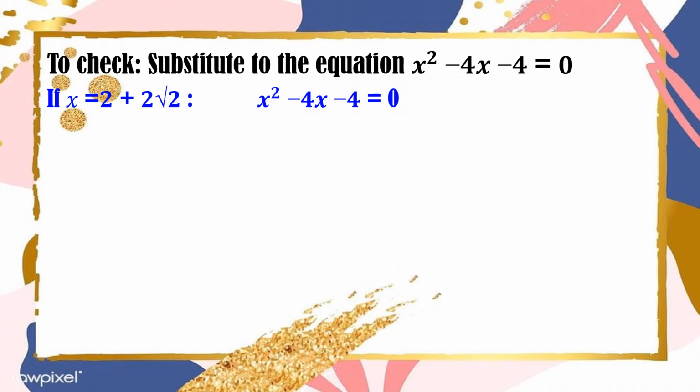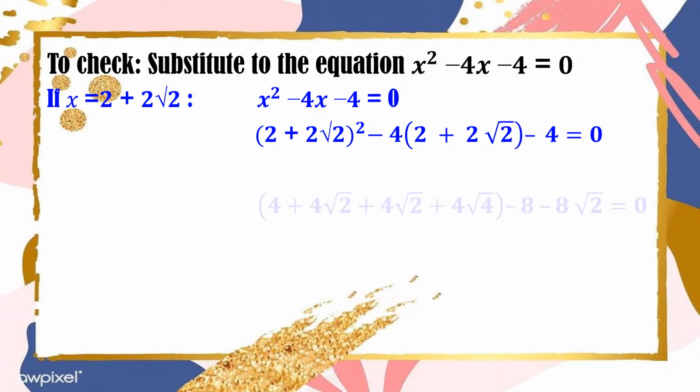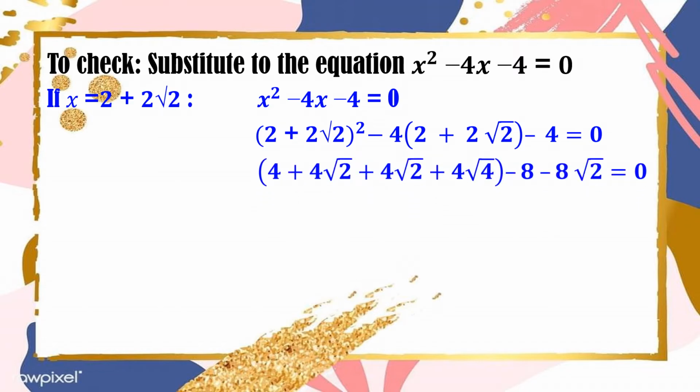So the equation x squared minus 4x minus 4 equals 0 will become the quantity of 2 plus 2 square root of 2 squared minus 4 times the quantity of 2 plus 2 square root of 2 minus 4 equals 0. Then, the quantity of 4 plus 4 square root of 2 plus 4 square root of 2 plus 4 square root of 4 minus 8 square root of 2 equals 0.